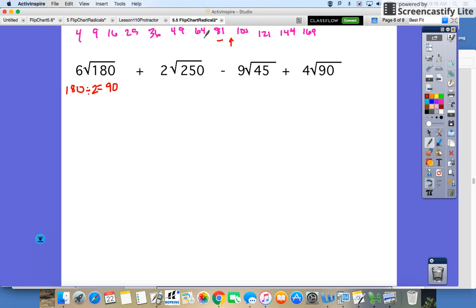So if we do 180 divided by 81, oopsie, it is not good. It ends up being a decimal. We don't care what the decimal is. If it's a decimal, we just move on. So then we do 180 divided by 64. I'm going to calculate these as we go. That is also a decimal. No good.